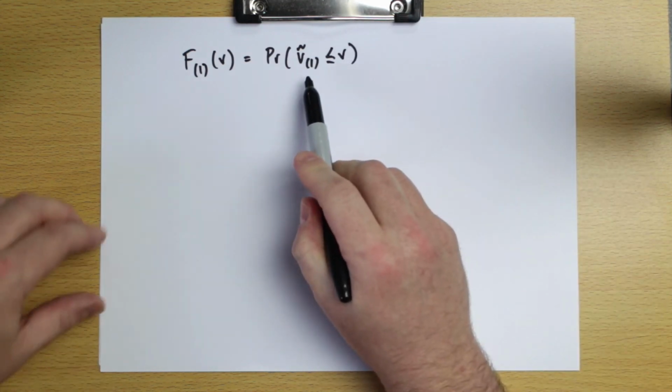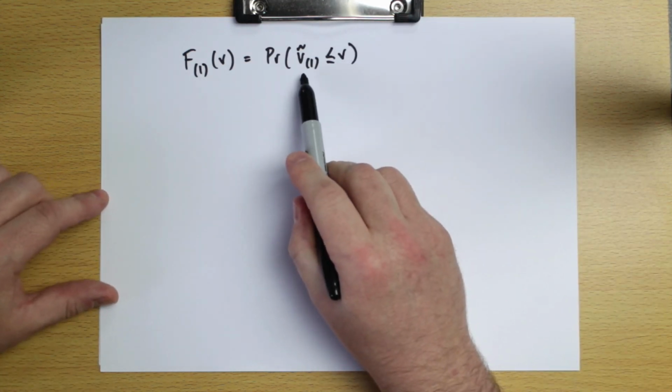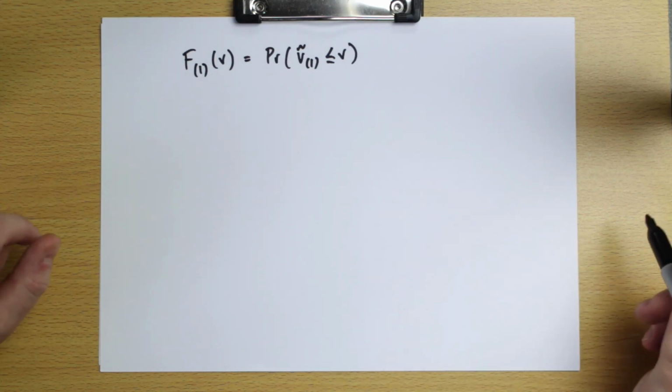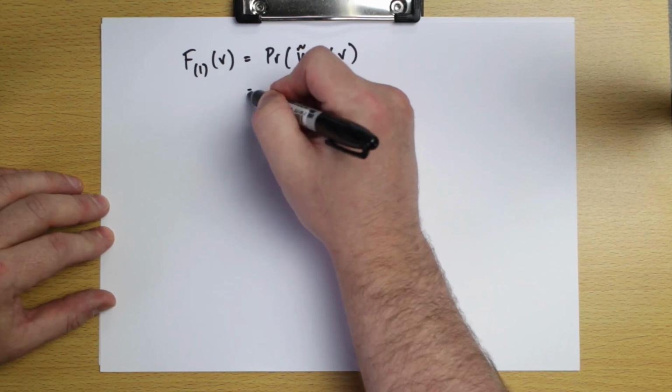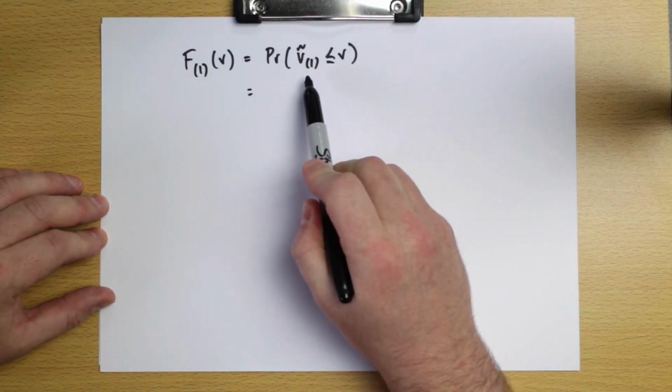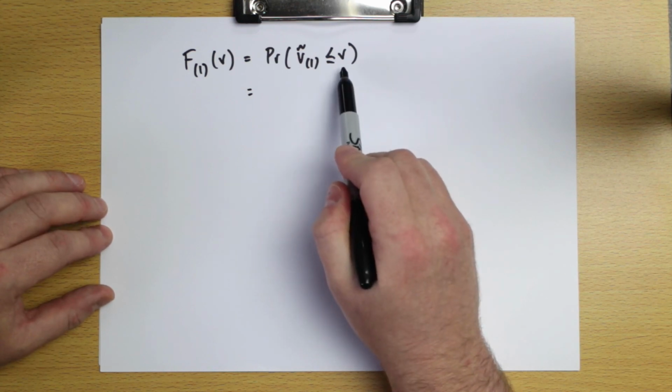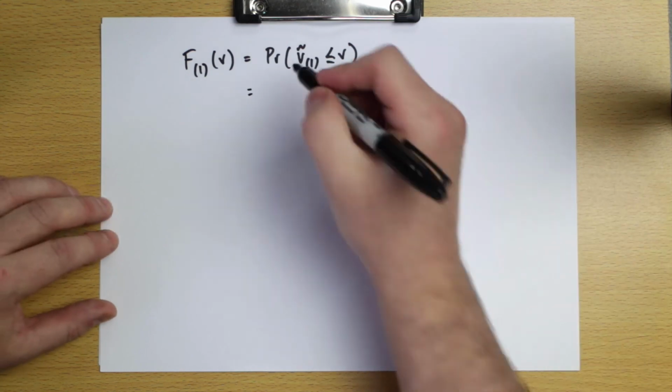Now, because our first order statistic is the highest of these n random variables, all I'm asking is that every one of our random variables takes a value less than or equal to v. If the highest of them is less than or equal to v, then they all need to be.